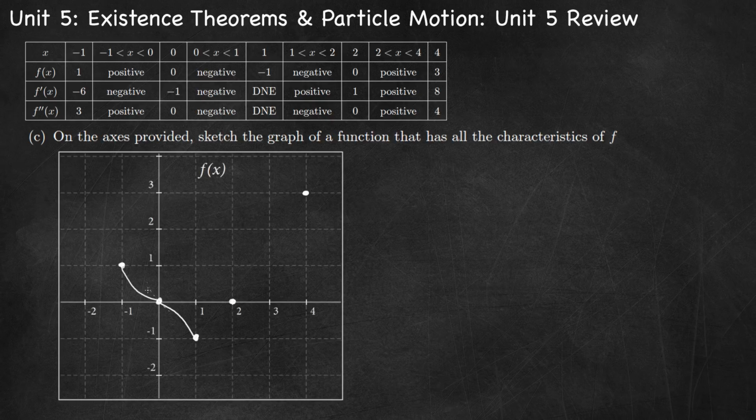And I'm not sure I really achieved my slope of -1 at 0, but it's reasonably close, I would say. At 1, we know our derivative is undefined, so I'm going to make it look like there's a cusp right there. Between 1 and 2, negative, positive, negative.